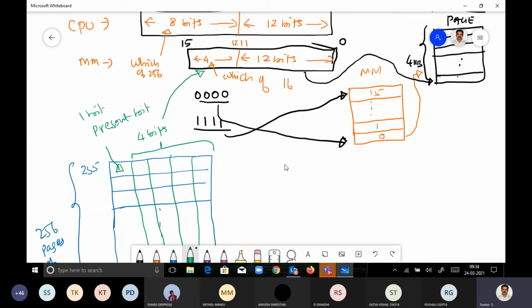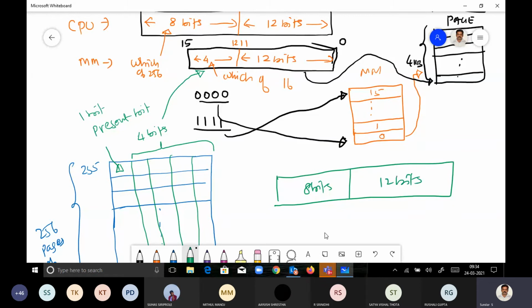Let me redraw again for you to understand. So 8 bits, 12 bits. Look here.